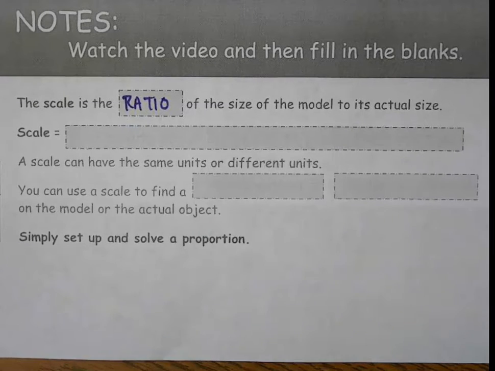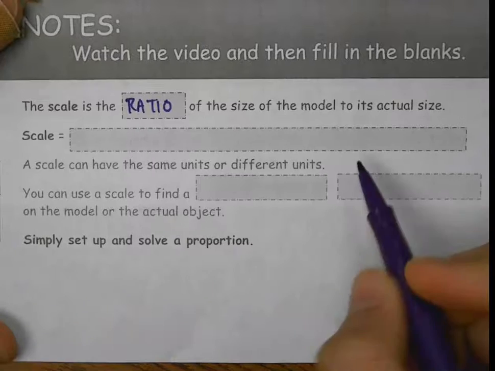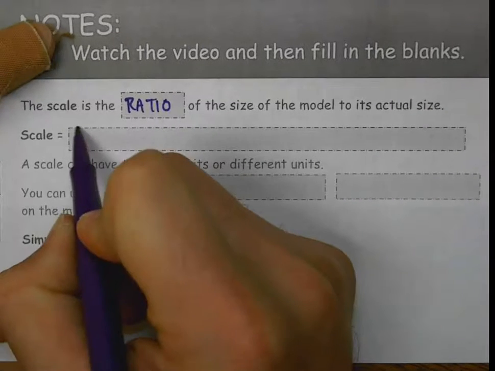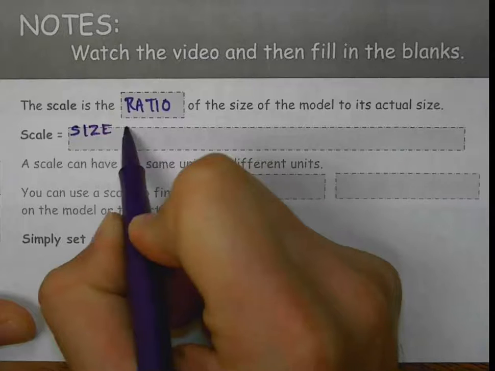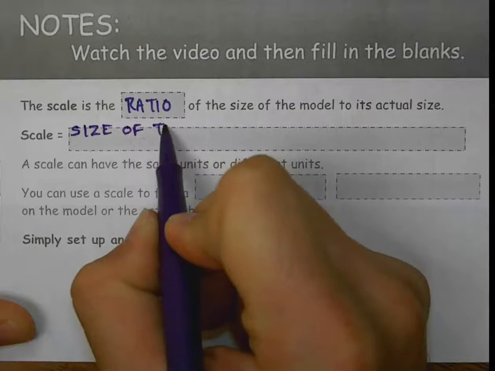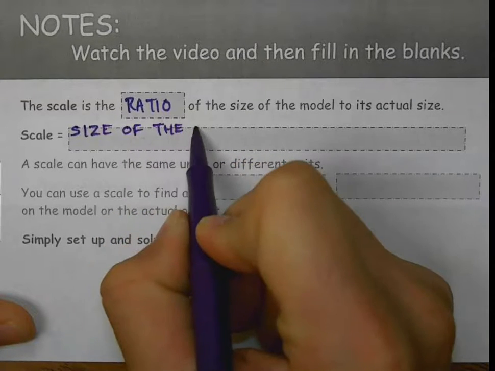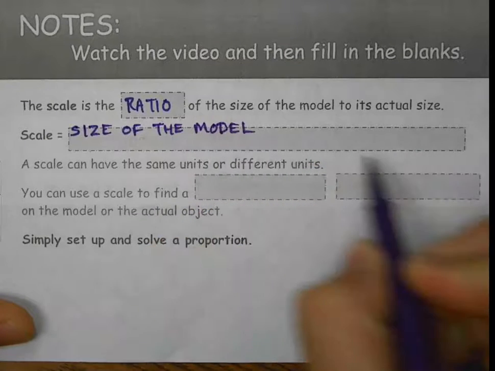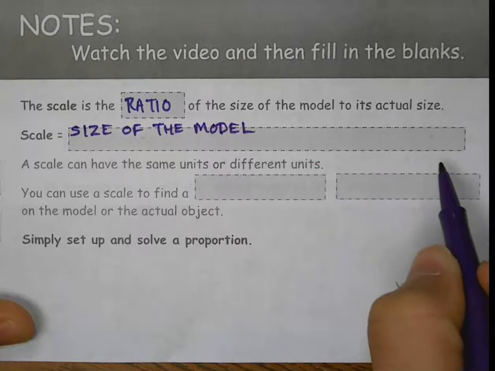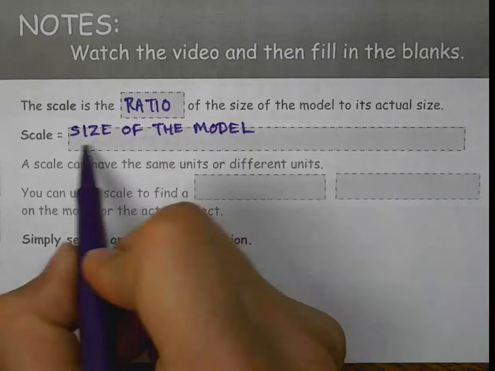A scale is a ratio, and it is the size of the model over the actual size. And remember, ratios can be written three ways, but the way that we use the most is as a fraction. So this is a fraction.